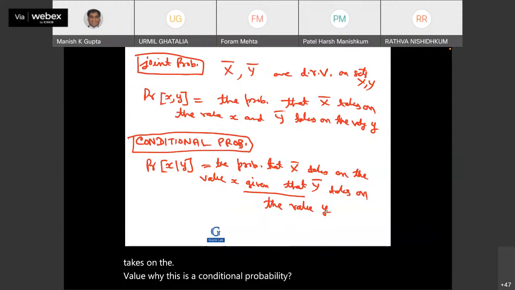Okay, and so these two random variables X and Y are said to be independent random variables.